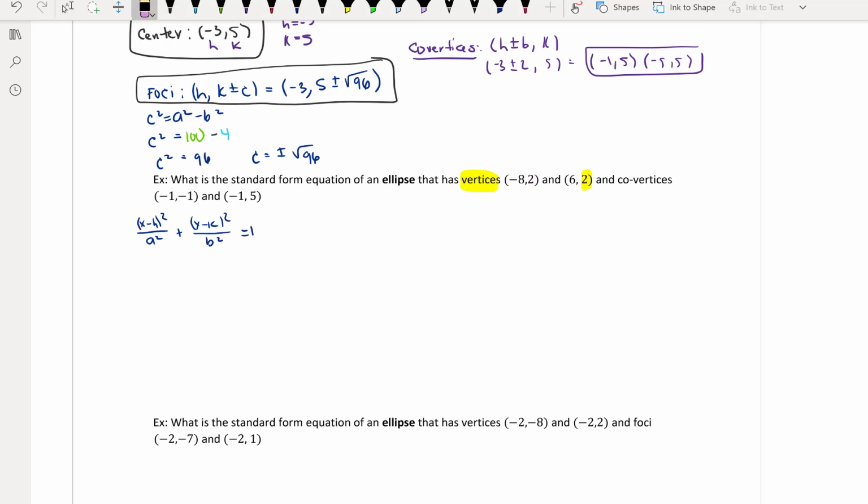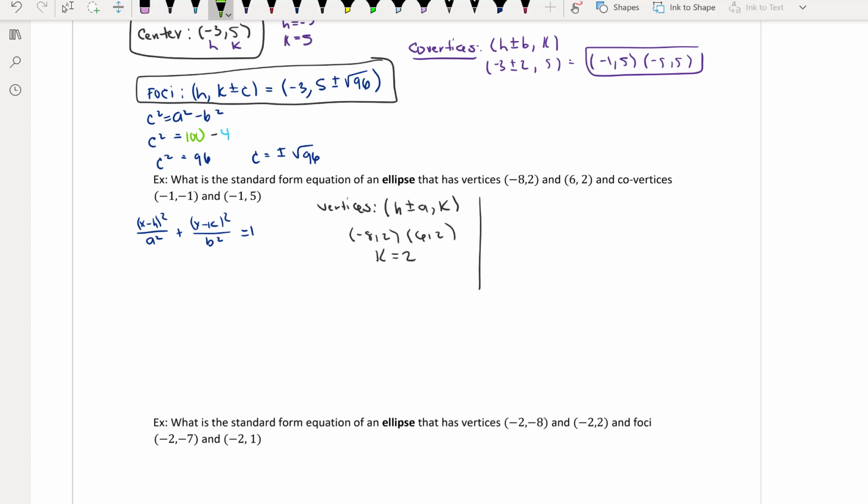So let's think about this. Now that I have the vertices and the equation, I can start piecing some things together. I know that the vertices are going to be h plus or minus a, comma, k. So that tells us that if I have (-8, 2) and (6, 2), at the very least my k value is 2.